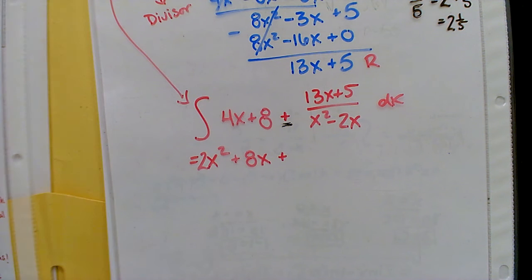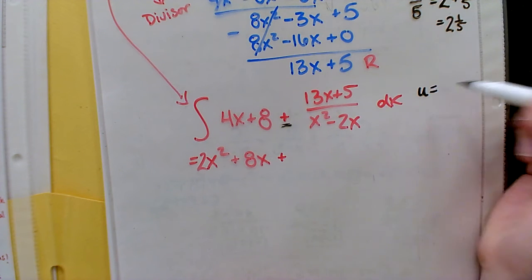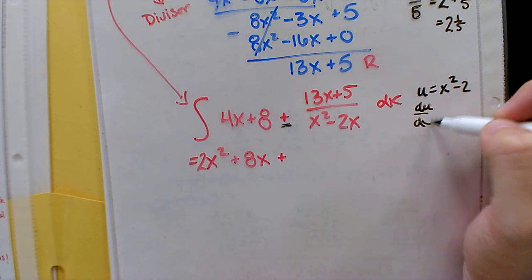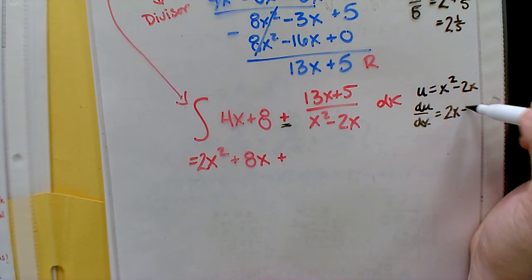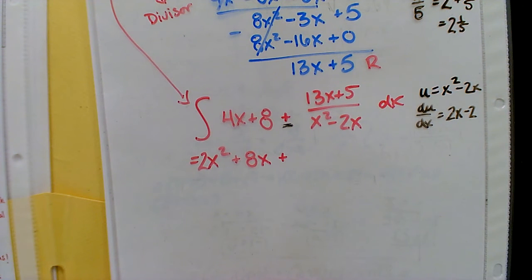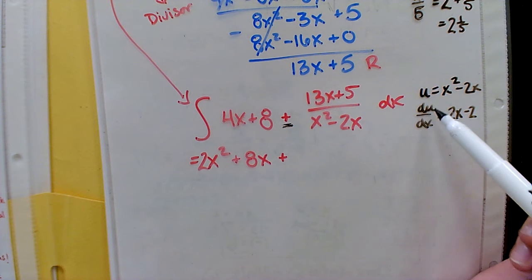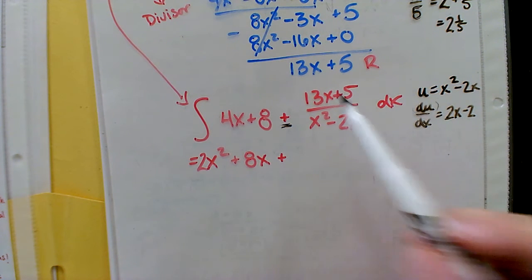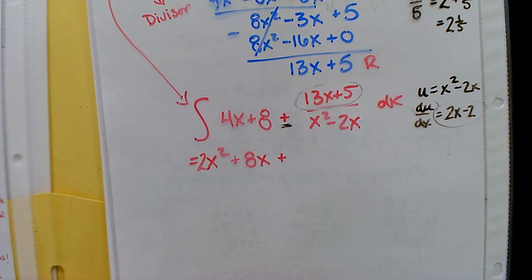Let's check out U sub. What do you want to let U be? The whole bottom. Okay, so then the derivative would be 2x minus 2. Do you notice how when solving for du, this numerator would not cancel out with what's left there?